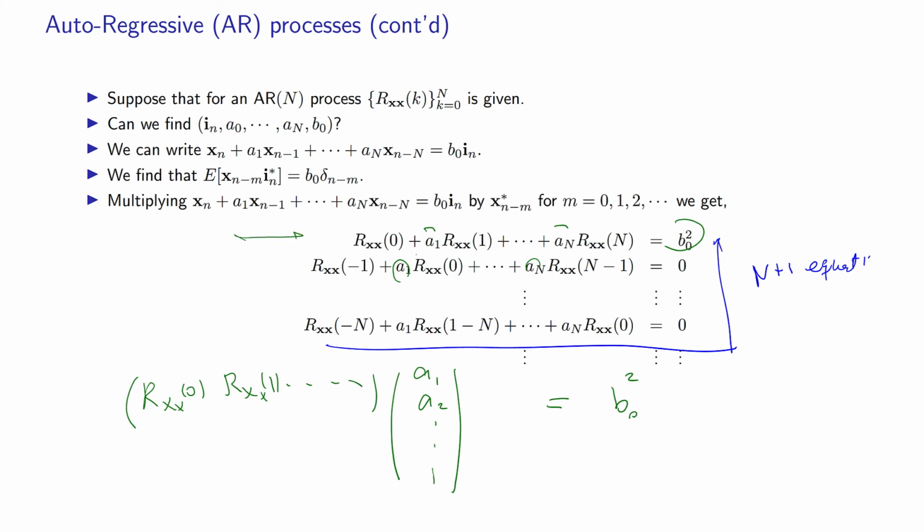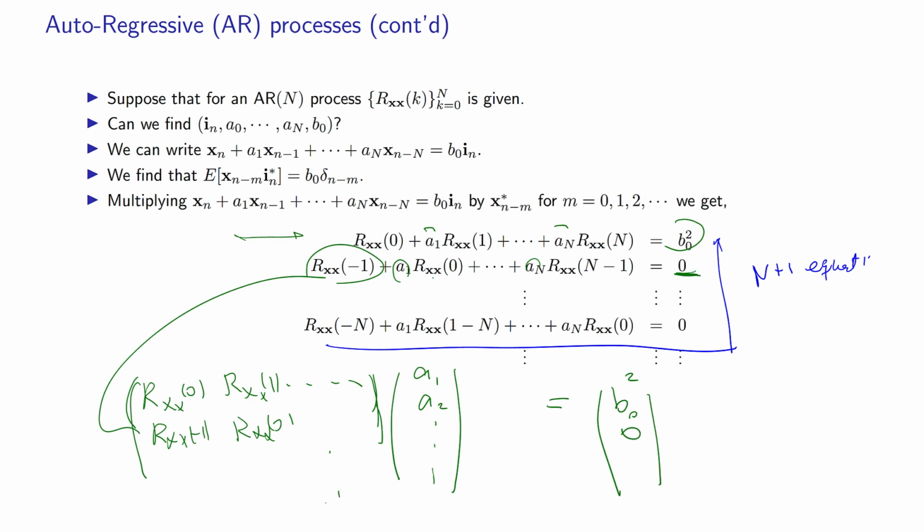The second equation, I could write it in another row of this matrix: r x x of minus 1, r x x of 0. So this comes here, this comes here, and instead of b0 squared on this side, I get 0 here.